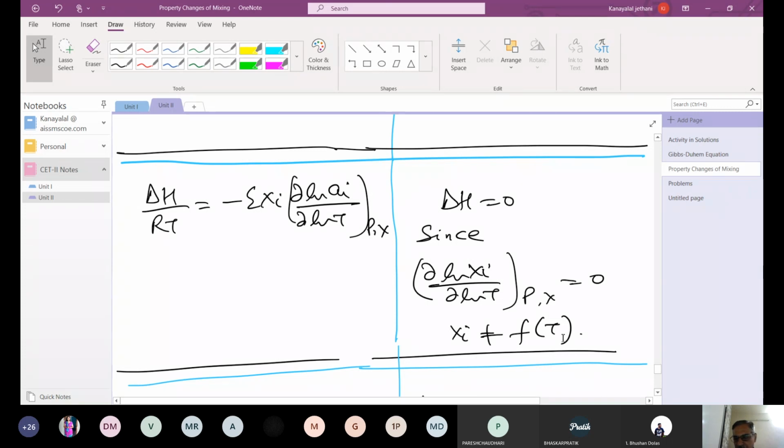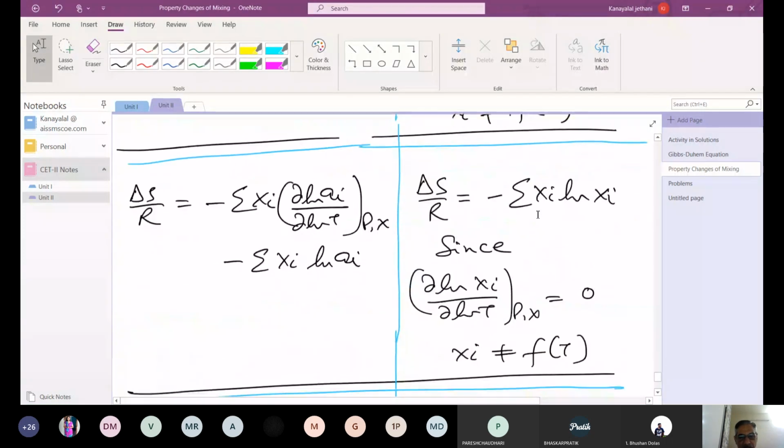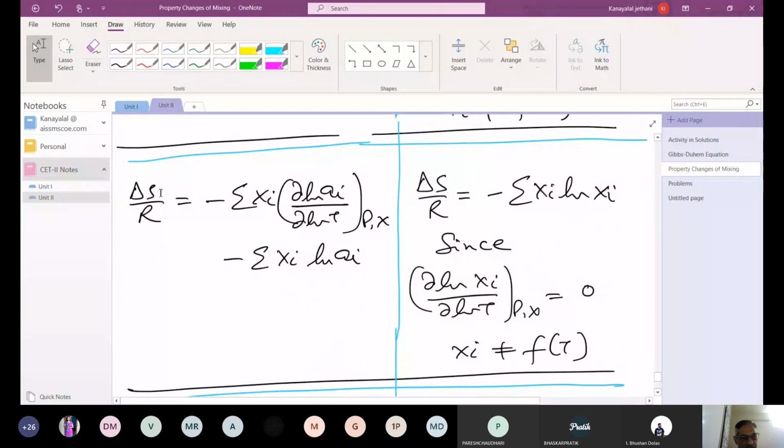It does not depend on temperature, doesn't depend on pressure. So this term is 0. Therefore delta H is equal to 0 for ideal solutions. Any questions? If there are no questions, then let's go to entropy.